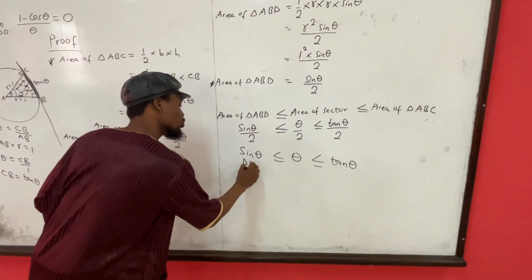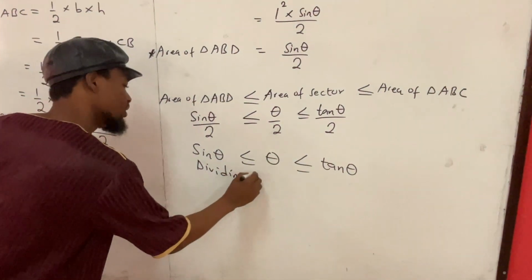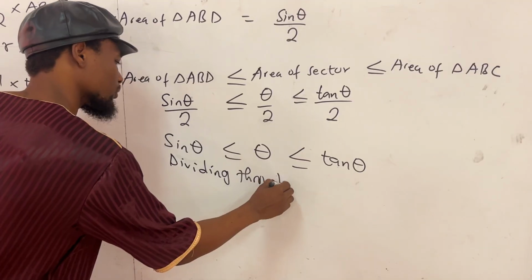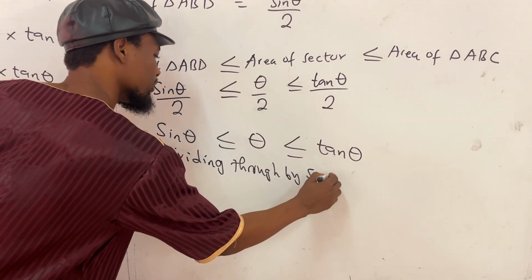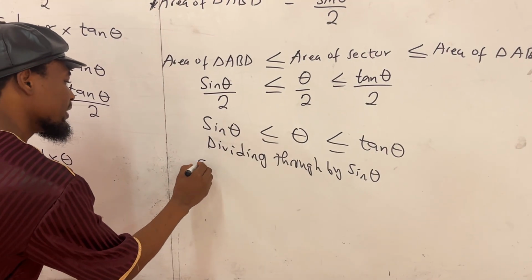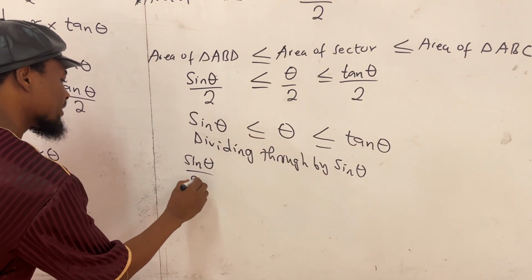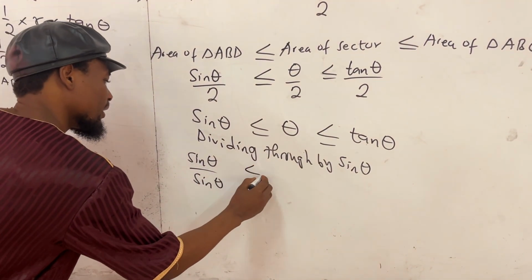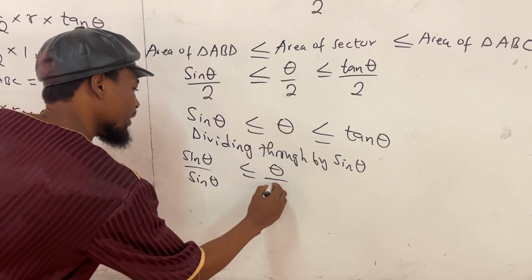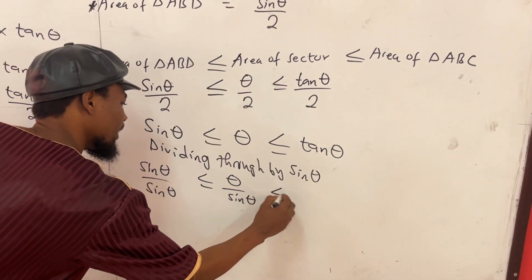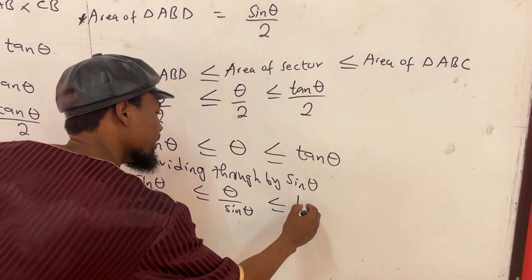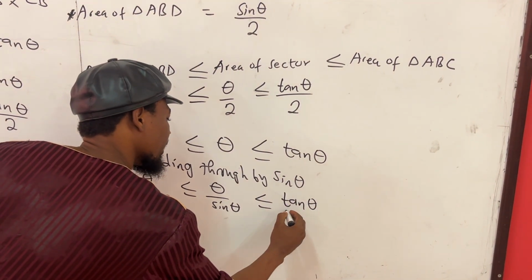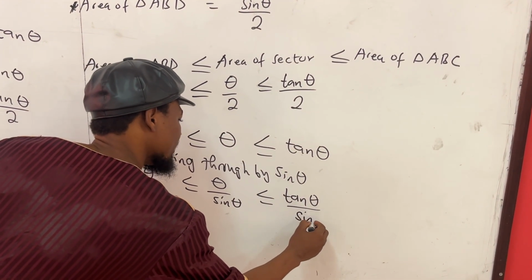So dividing through by sine theta, we have sine theta over sine theta less than or equal to theta over sine theta less than or equal to tan theta divided by sine theta.